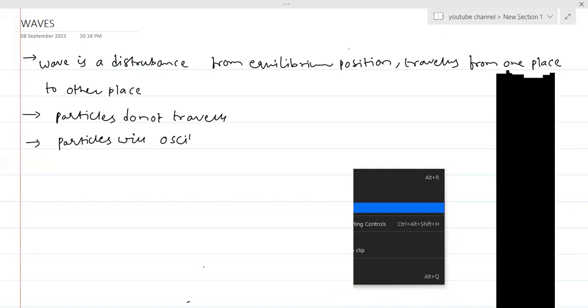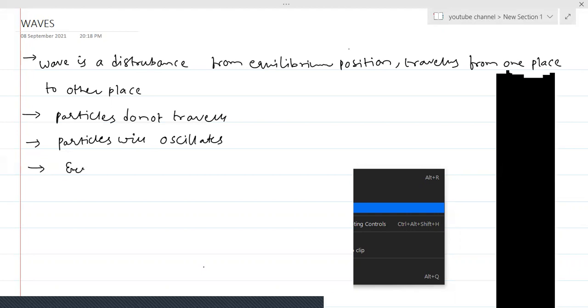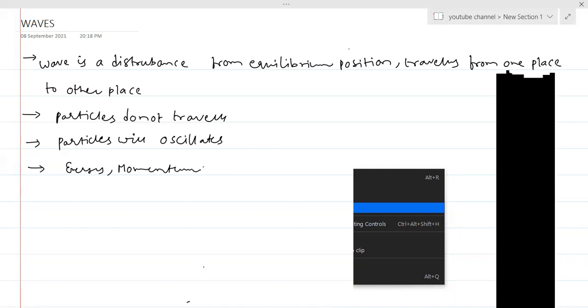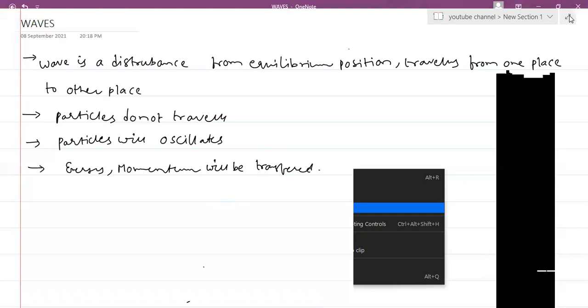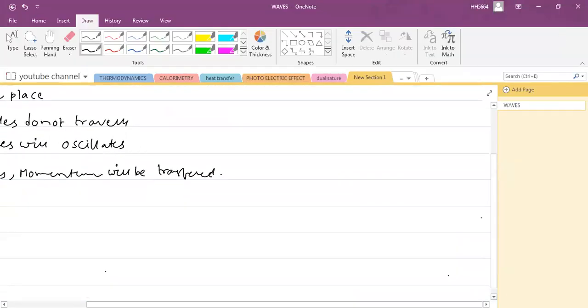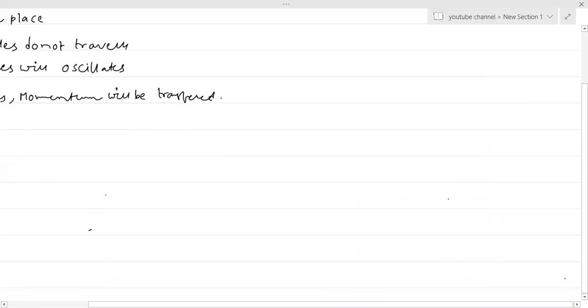So in wave propagation, energy and momentum will be transferred. These are the key points for a wave discussion. The particles do not travel, but the energy and momentum will be carried forward.